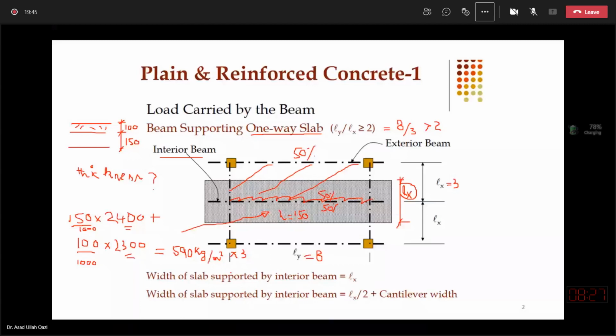So this is one of the steps to calculate the self weight UDL on the beam. But actually we do not have only the dead load or the self weight, we also have the live load.